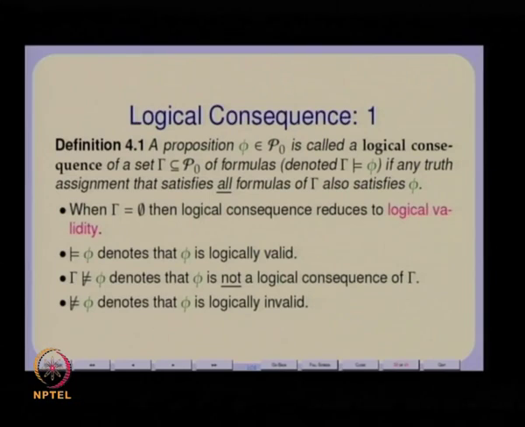Remember that we are talking about propositional logic, which is essentially meant to deal with reasoning, and remember this in the background of the fact that I said all of logic is essentially symbolic in nature, okay.